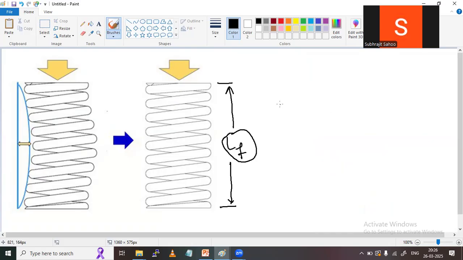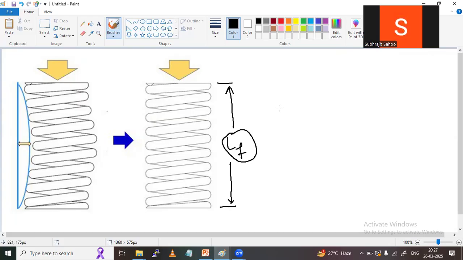Coil to coil contact means there is no use of the spring. There is no advantage in using the spring, because it will act as a shaft only. It cannot bear any shock or any vibrations, right? So the spring free length should not be less, and the spring free length should not be more also.